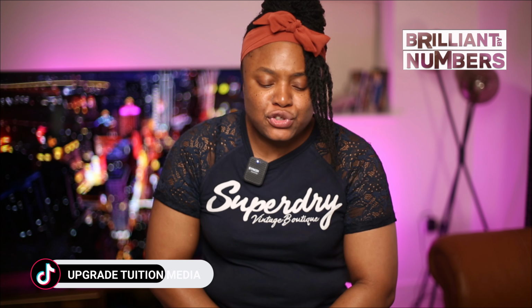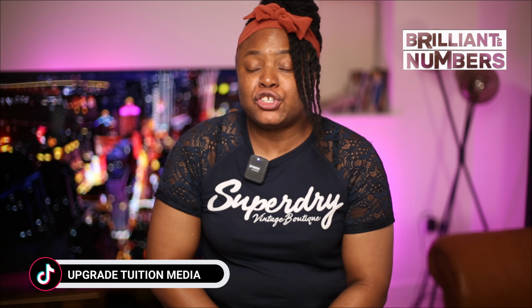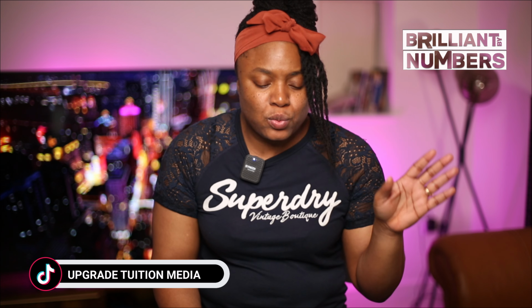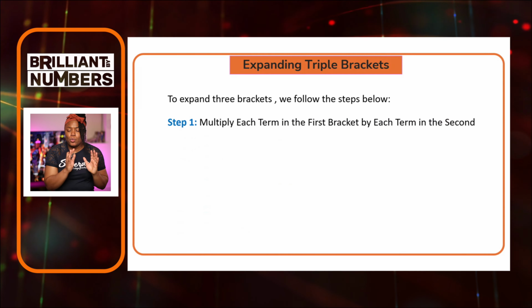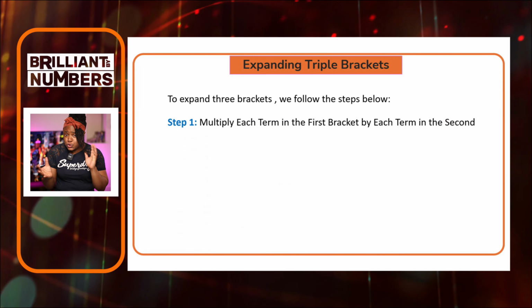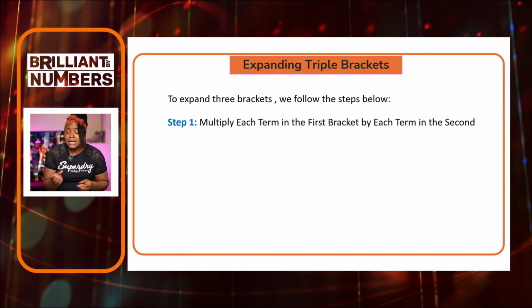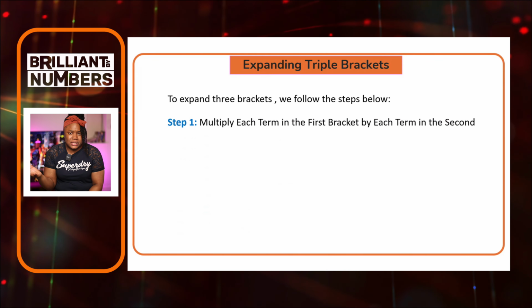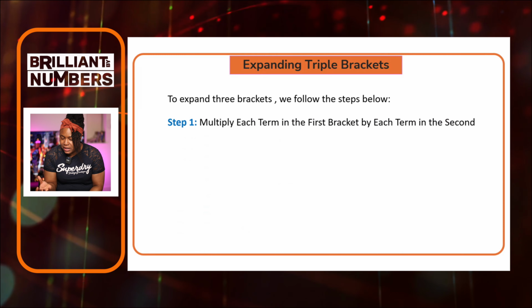Now, how do we expand triple brackets? To expand 3 brackets, we follow the steps below. Again, watching video 1, video 2, you would be more prepared to do your triple bracket as well. So the first part here, we multiply the first term in each of the 2 first pairs of brackets. So we're multiplying all the terms in the first by the second, just like we did when we were expanding 2 brackets.